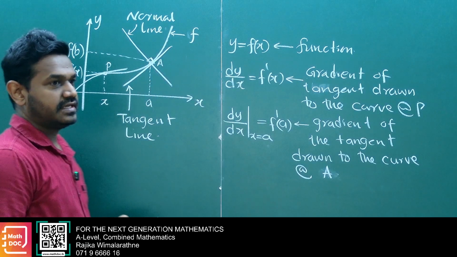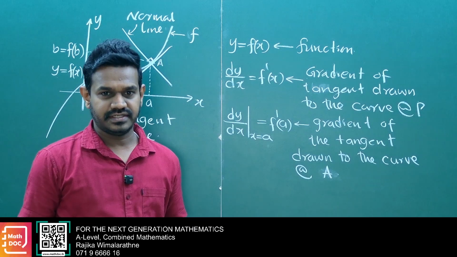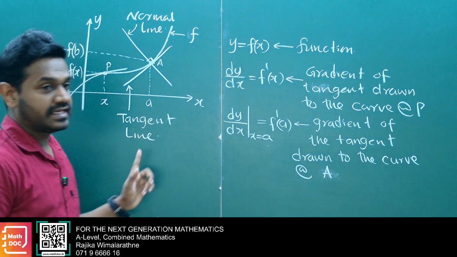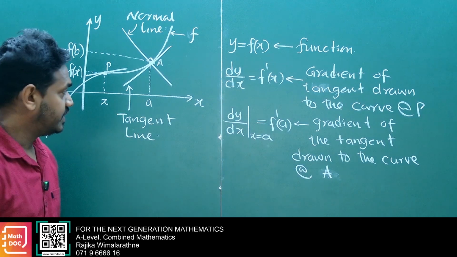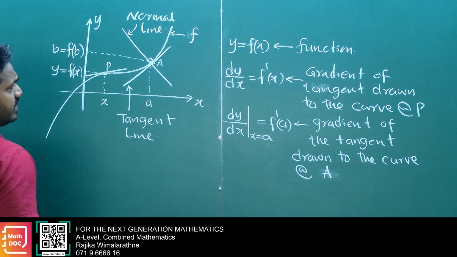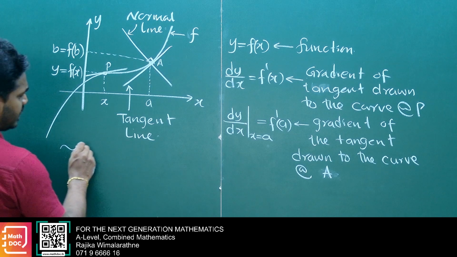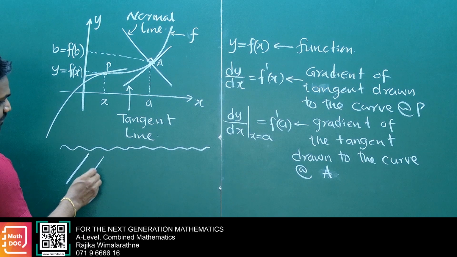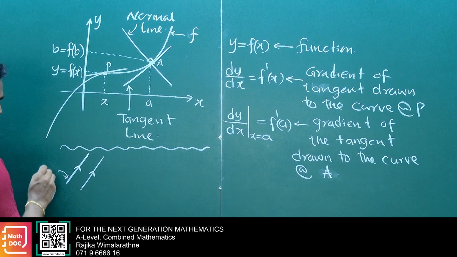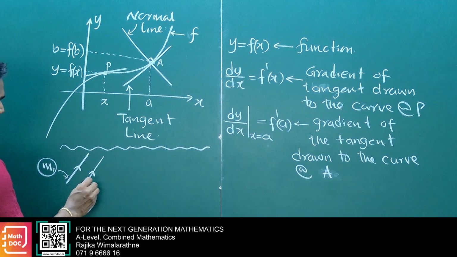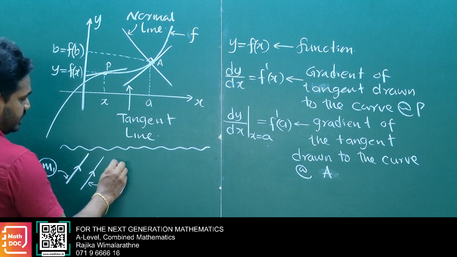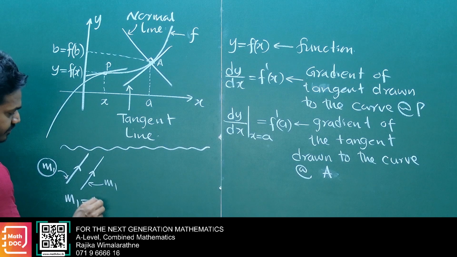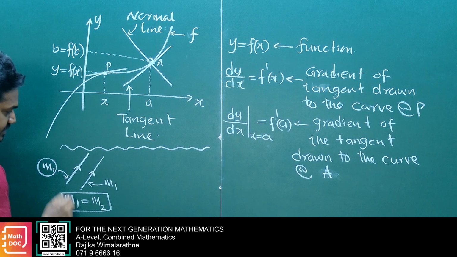So here we are going to find tangent line and normal line equations. There will be a question for your A-level examination, part A question, tangent and normal. Then you consider straight line theorems. When two lines are parallel, say gradient m1 and gradient m2, then m1 equals m2 for parallel lines.